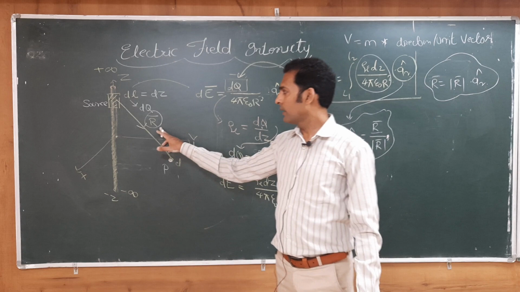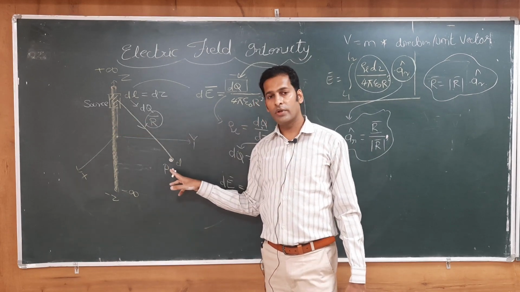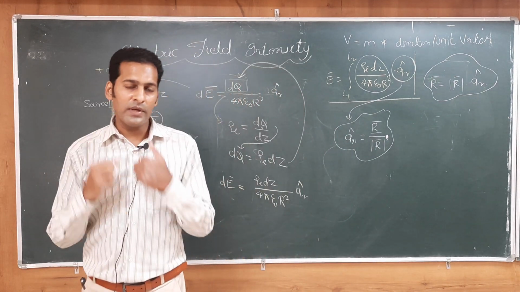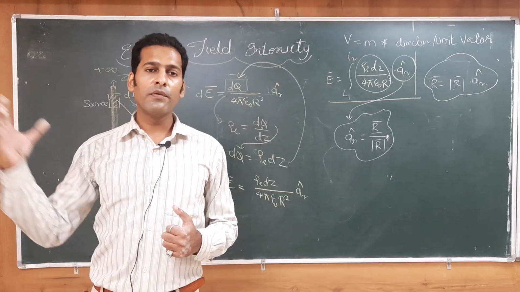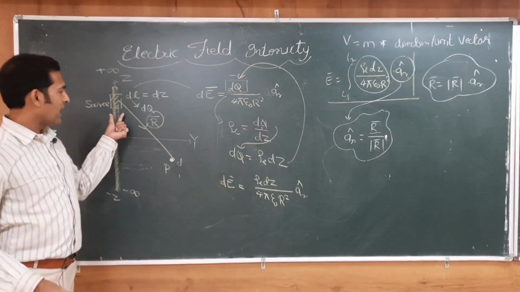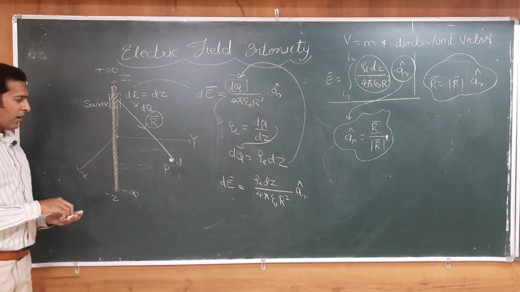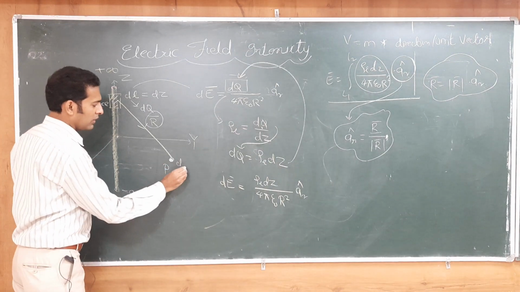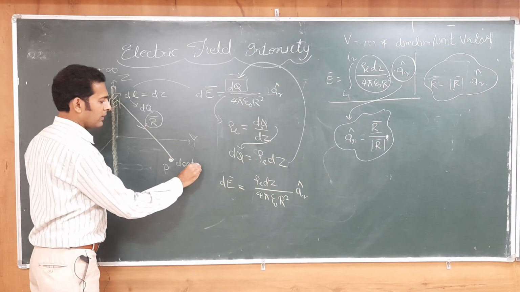Destination is the one which is facing the force and source is the one which is applying the force. So this line is applying the force and this point is facing the force. This is called the destination.